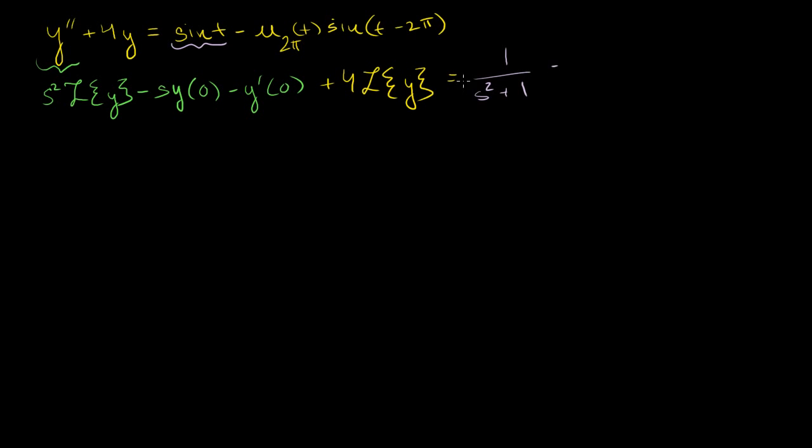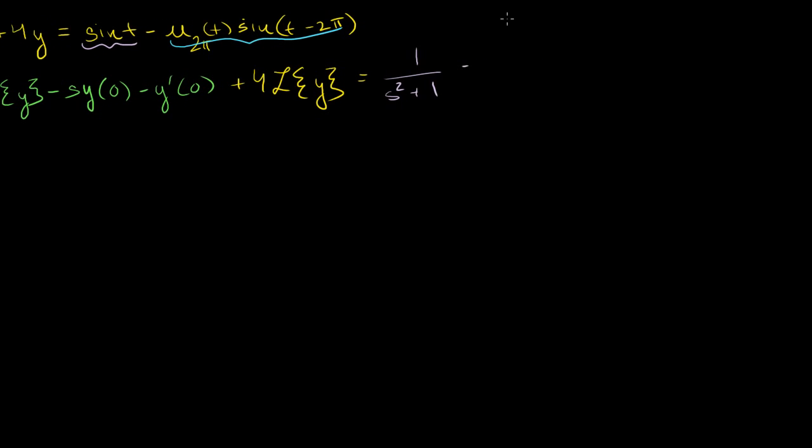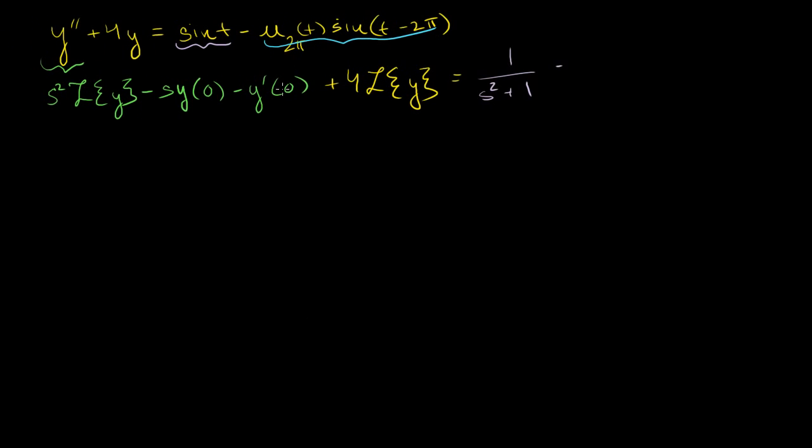And then we have minus the Laplace transform of this thing. I'll do a little side note here to figure out the Laplace transform of this thing right here. I showed it to you a couple of videos ago. This is going to be the same thing as the Laplace transform of sine of t, but we're going to have to multiply it by e to the minus cs, if you remember that last formula, where c is 2 pi.